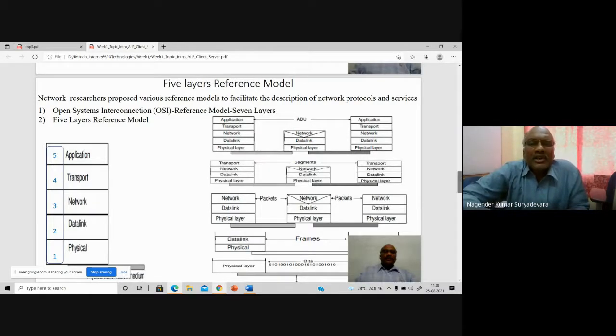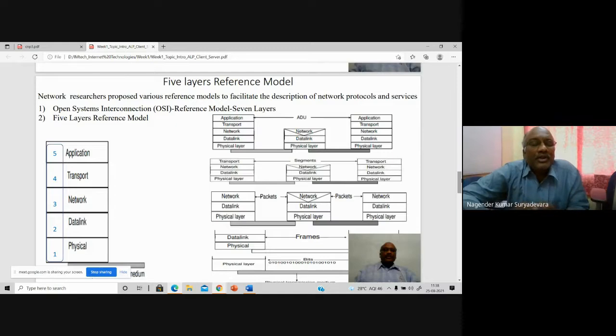If you look at the literature in the computer network field, most of the researchers have discussed different models, different strategies, a different set of references which are helpful for you to exchange data. Those models or reference strategies usually discuss certain protocols and services, with certain rules that they follow to exchange the data.